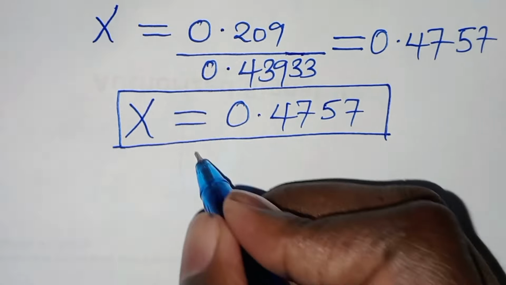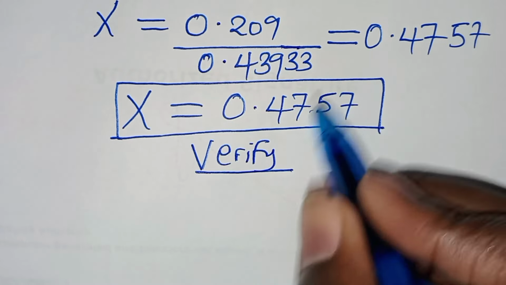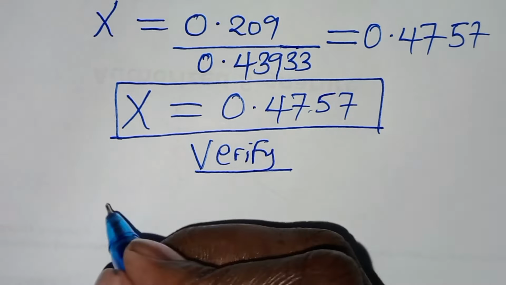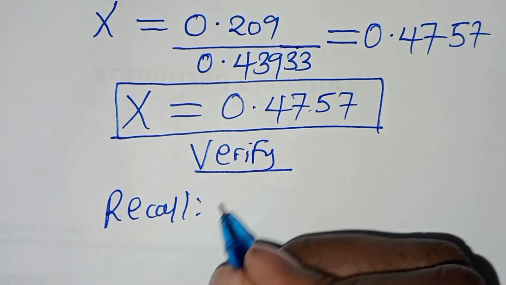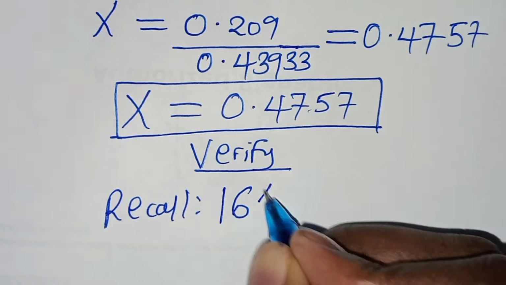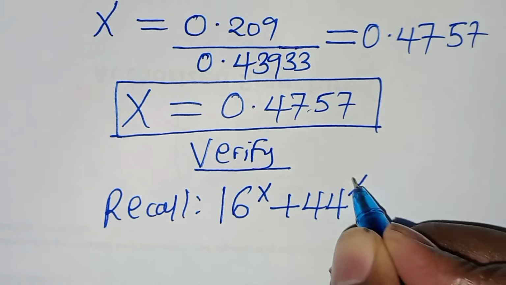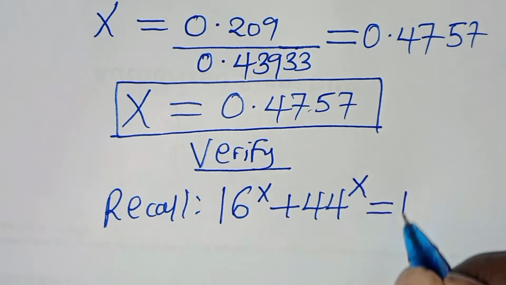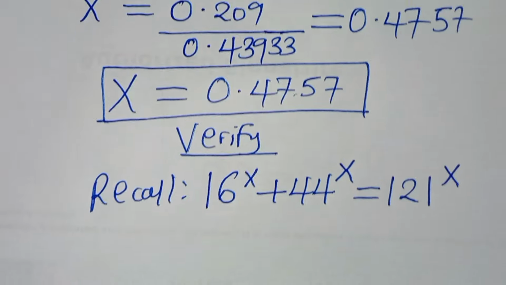So the next step is to verify. So let's verify that this value of x satisfies the equation. If you recall, we have that 16 to the power of x plus 44 raised to the power of x is supposed to give us a value of 121 raised to the power of x.